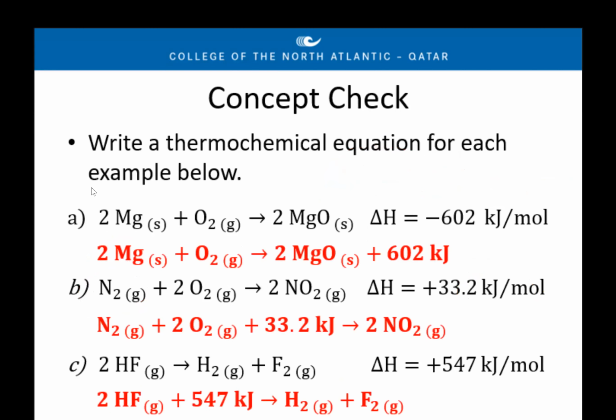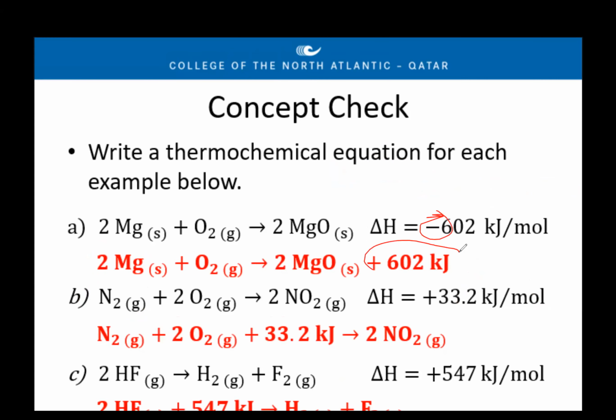Let me clear my slides here. Exothermic, when you write the delta H term by itself, it's negative. When you put it into an equation, if it's a product, it's exo. When you put it in the equation and it's a reactant, it's endo.